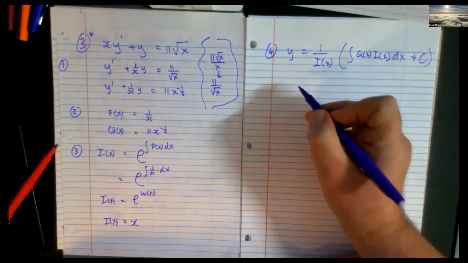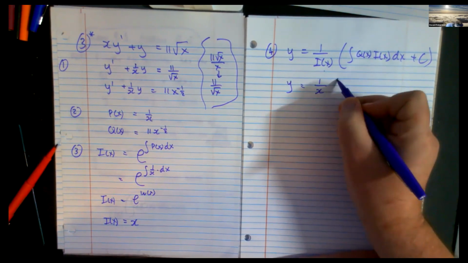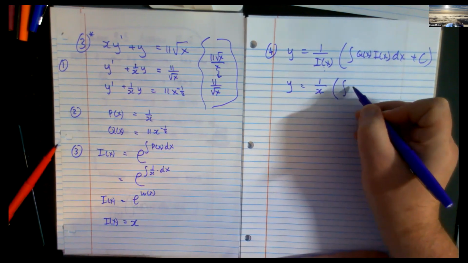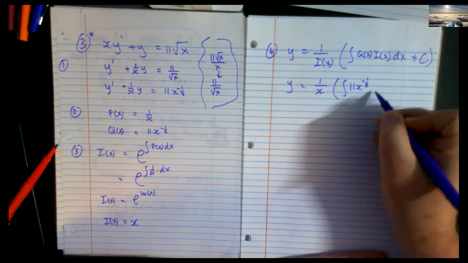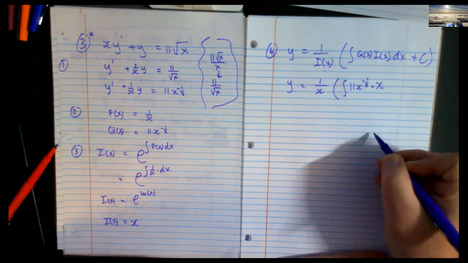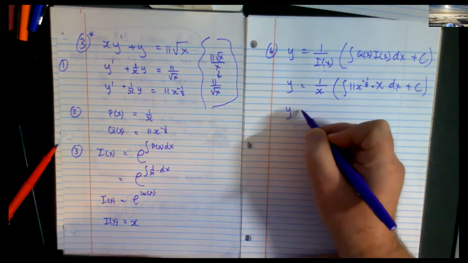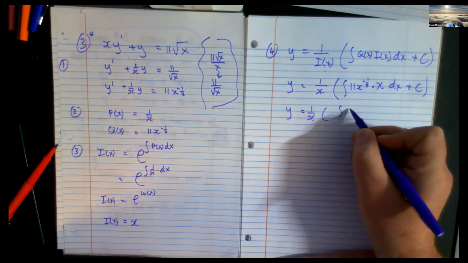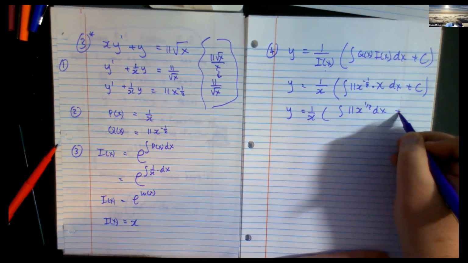So we have 1 over x, right? The integrating factor is x. The integral of Q of x, which I've decided to write as a negative half power, times the integrating factor x, dx, add c. If you multiply these together, do you see that you get a positive a half power, right?